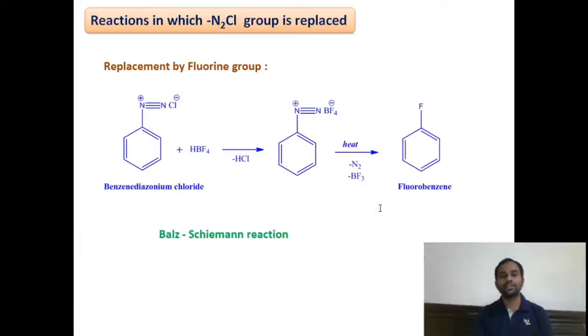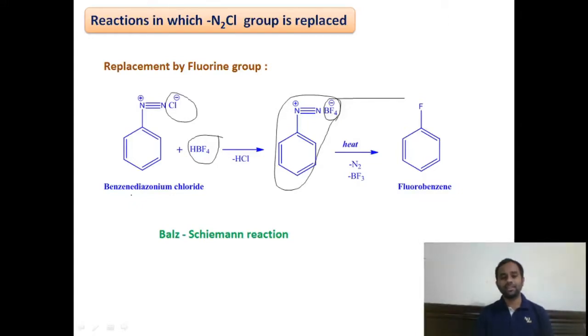And coming to another reaction, that is replacement of N2Cl group by fluorine group. For this, what we have to do? First we have to convert this benzene diazonium chloride to the benzene diazonium tetrafluoroborate. That means we have to replace this chloride anion with the tetrafluoroborate by treating with tetrafluoroboric acid, right?